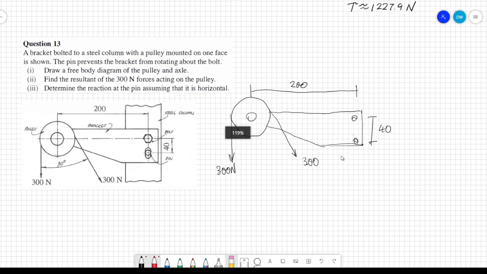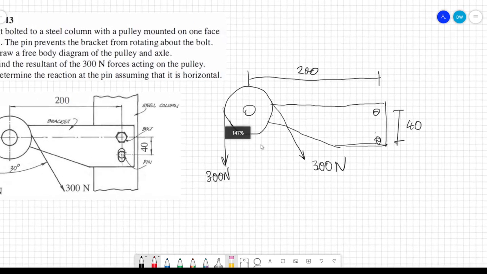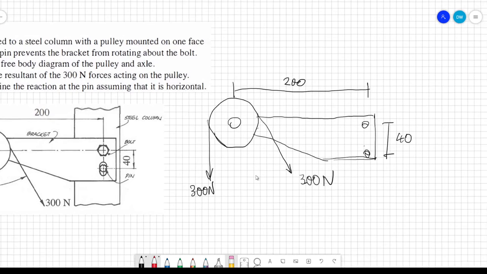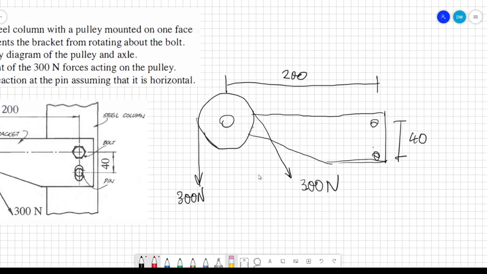Okay, so how do we approach this? Now, if we look at it, we can see that this bolt here fixes everything in place, and the lower pin is inside a slot, which means it cannot handle up or down motion. So it cannot resist up and down motion, and it cannot resist rotation.